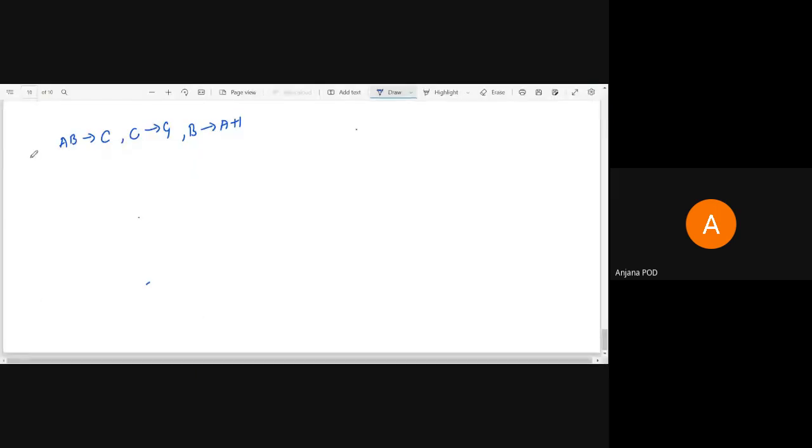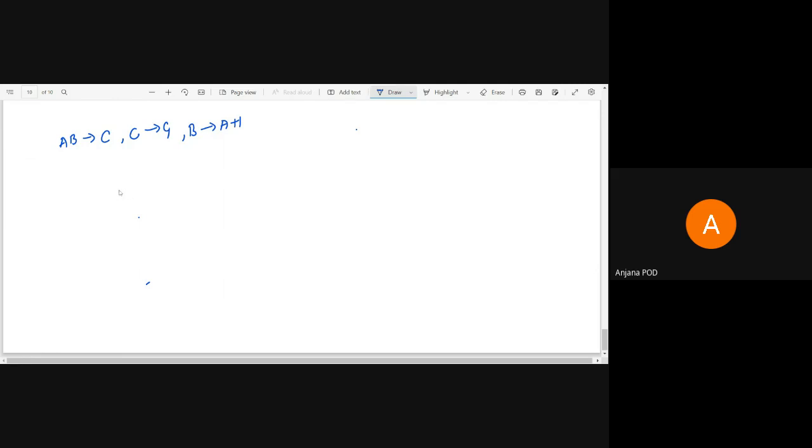So these are the functional dependency sets, and we are asked to check: let m be the number of candidate keys and n be the number of super keys. So at first we'll find the candidate key.